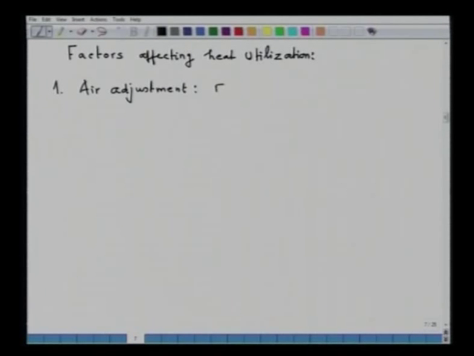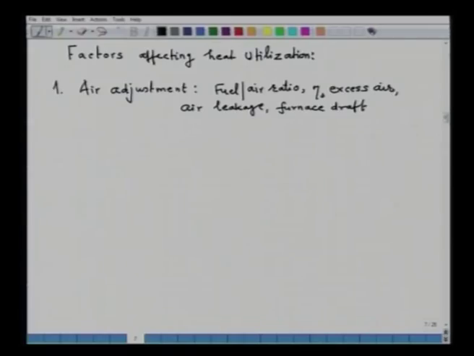This constitutes, for example, fuel air ratio control, percent excess air, air leakage, furnace draft. The air adjustment is very important. One has to control the excess air, fuel air ratio and so on.